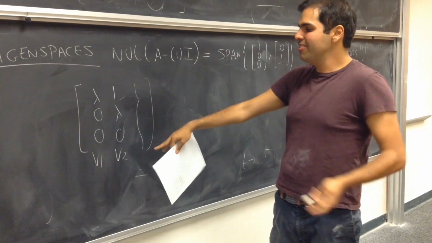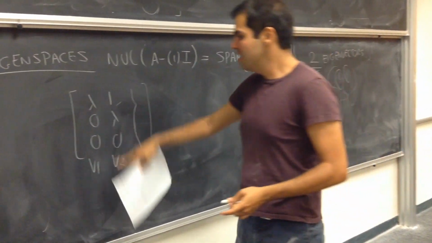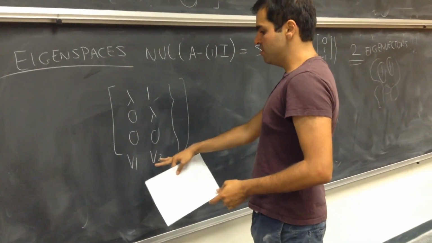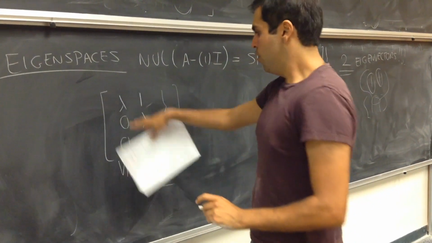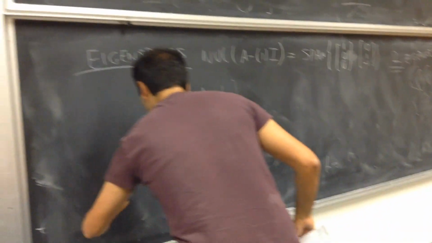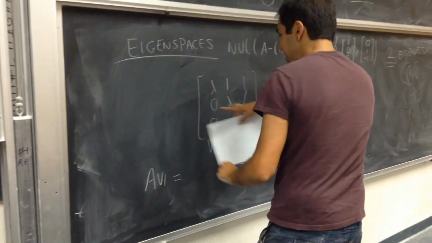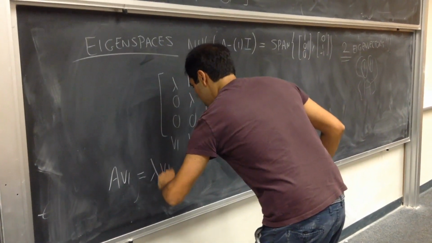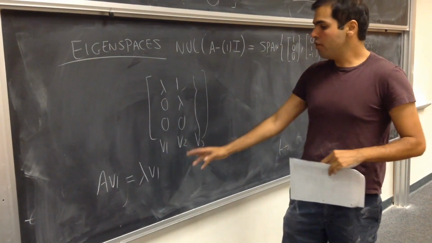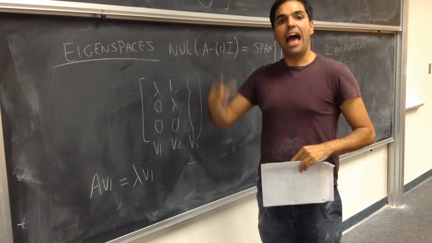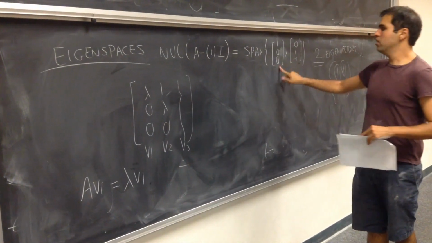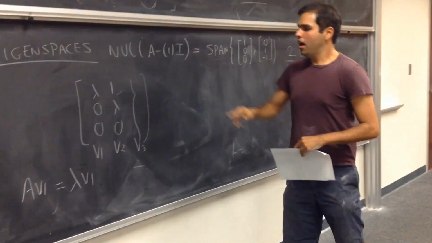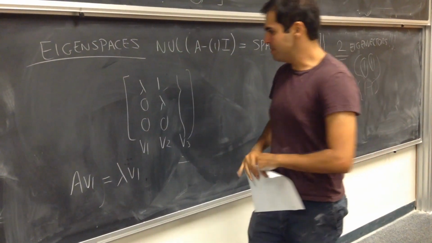By definition of a matrix, what that tells us is that in the basis v1, v2, and maybe v3, we have that A of v1 is lambda v1. This already tells you that v1 has to be an eigenvector, which means we have to choose one of those two.